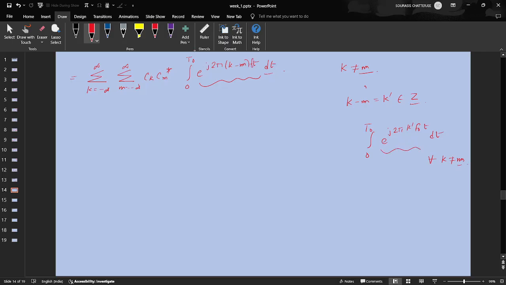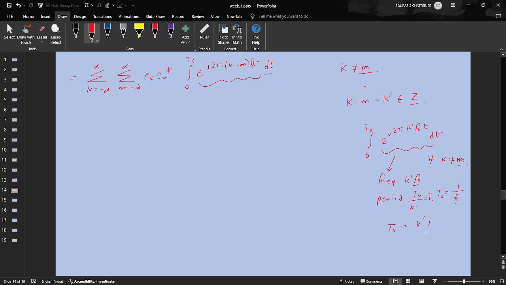You can see this is a sinusoid with frequency k dash f naught, right? So its period is T by k dash, where T is equal to 1 over f naught. And we are integrating it over an integer multiple of its period, that is T naught is k dash times its period, T1, which is T naught by k dash.